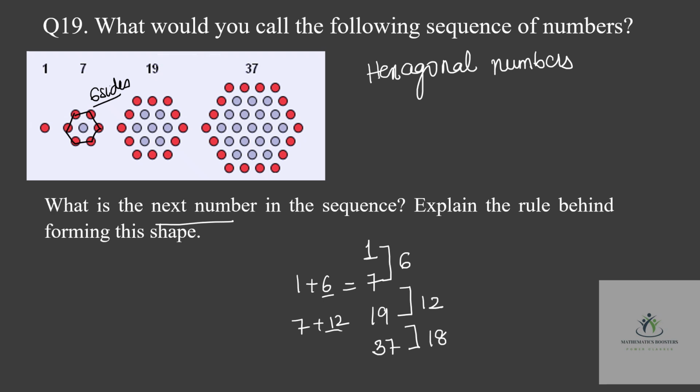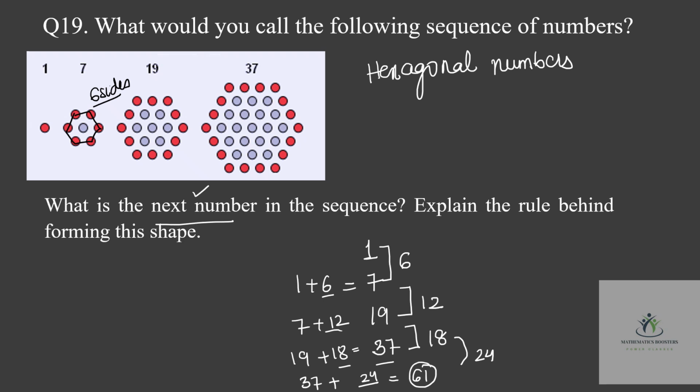This is 18. So 19 plus 18 gives you 37. What is the next number in the sequence? The next gap will be 24. So 37 plus 24 is 61.